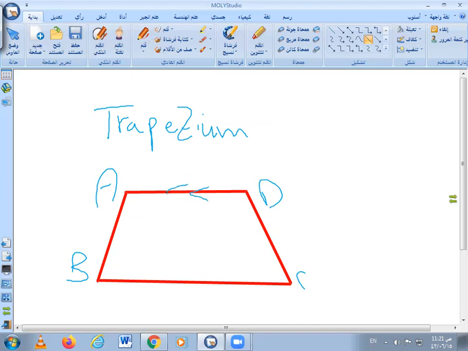What is the definition of the trapezium? It's a quadrilateral in which two opposite sides are parallel and not equal to each other. Here we have line segment AD parallel to line segment BC, and the length of AD is not equal to the length of BC. For this shape, we need only its definition.